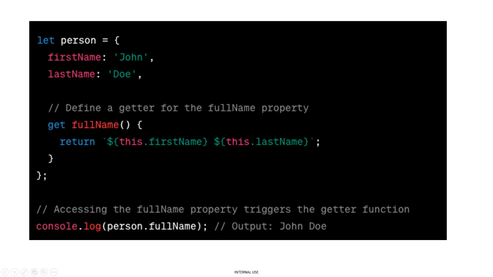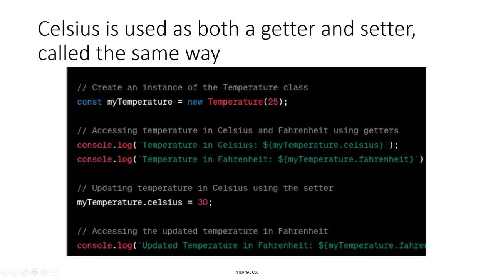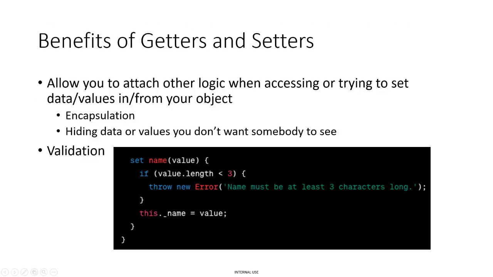That's one of the benefits of using a getter. Whereas if you just want to return the first name, maybe you want to return something more complicated, like a greeting or a salutation to the first name, so you can really customize the string that it returns. That's one of the benefits of using getters or setters. You can encapsulate the data. You can hide the inner workings, data or values that you don't want anybody else to see.